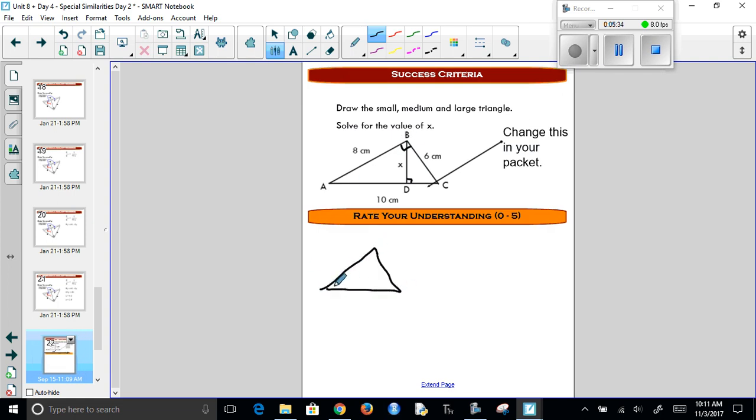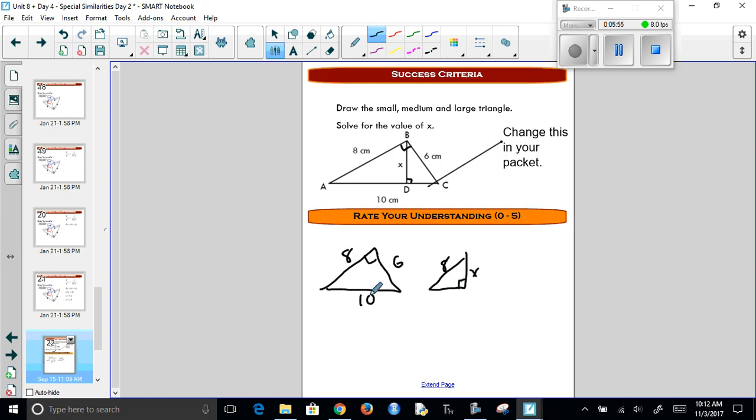We have the big triangle, 6, 8, 10. We have the medium triangle, which is x and 8. And really, that's all we need. We could draw out the smaller one, but if we're just solving for x, that's all we need.